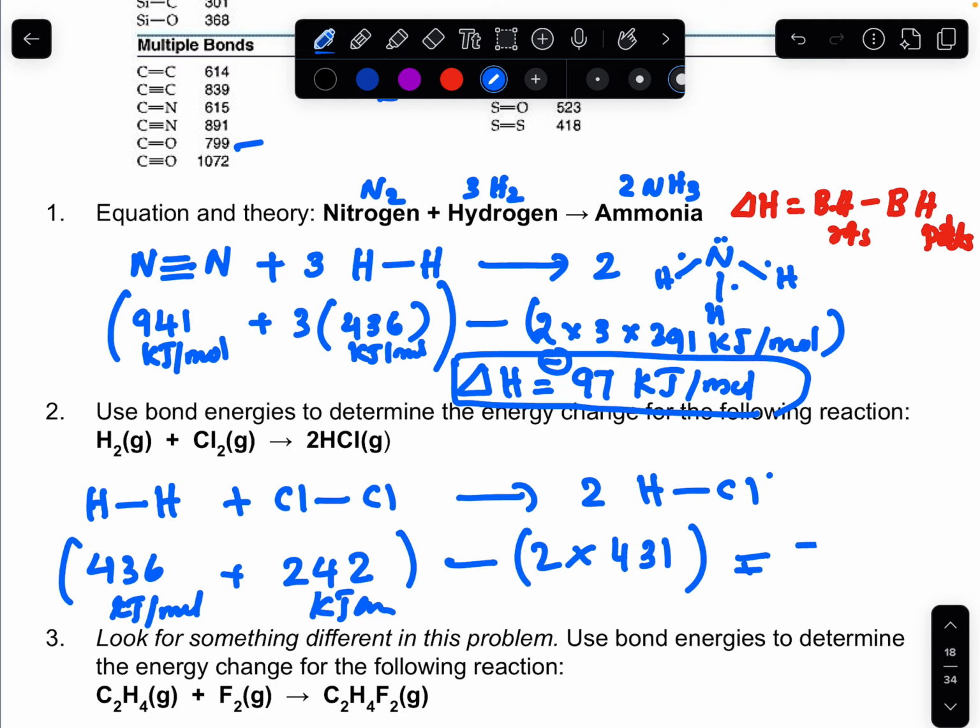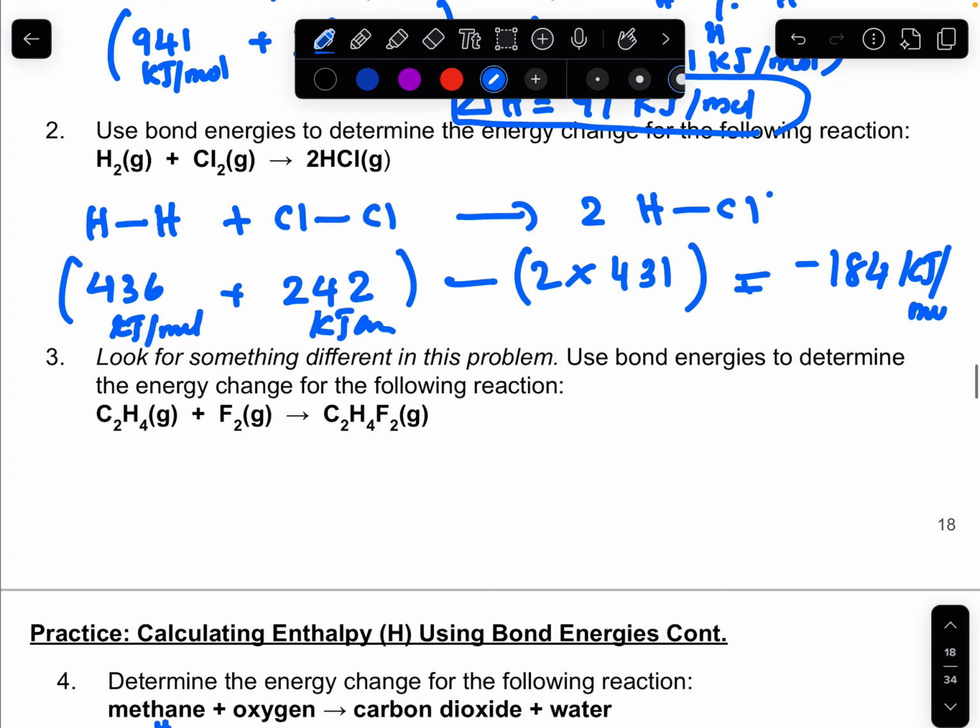So that will be negative 184 kJ per mole, right? I don't have space to write it, I'll write it down at the bottom. So that is negative 184 kJ per mole. So that's how you are doing it.